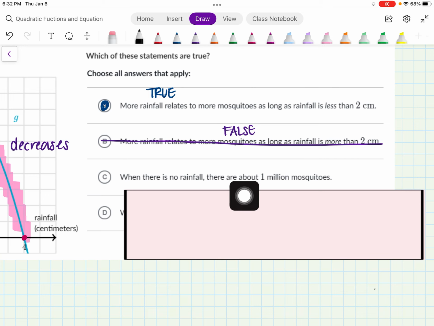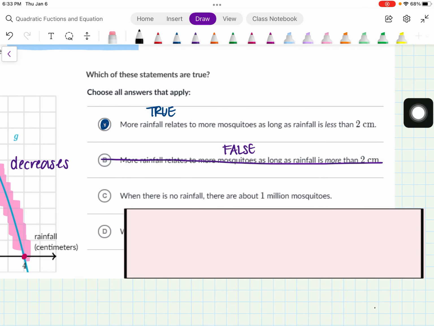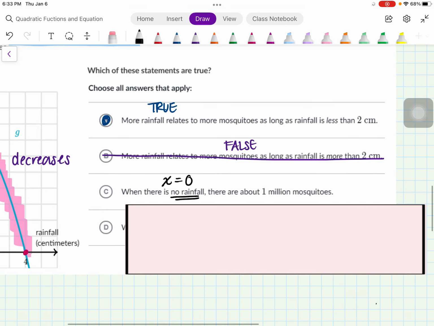All right. Let's take a look at the next one. The next one says, when there is no rainfall, then there are 1 million mosquitoes. So in this case, guys, just want to go back. Rainfall, once again, represents x. So it says when there's no rainfall, which means when x is equal to 0, we should have about 1 million mosquitoes.